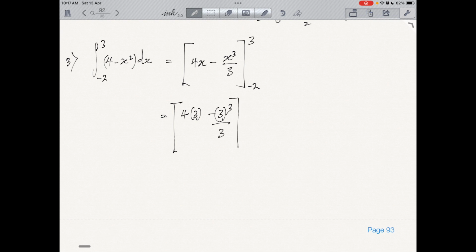Close the bracket. Subtract again. So wherever we see x now, we substitute our lower limit. So we have 4 into minus 2 minus minus 2 raised to power 3 over 3. Now when we simplify this, you will have 8 1 over 3.